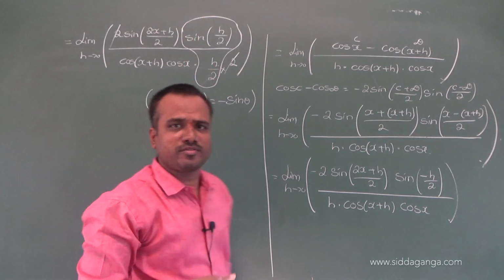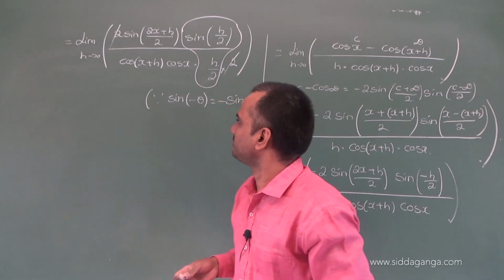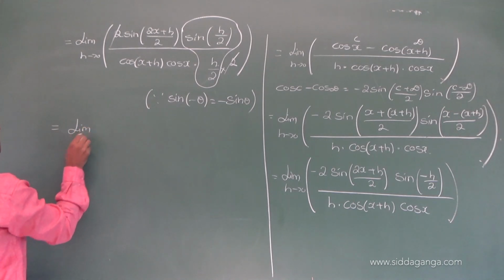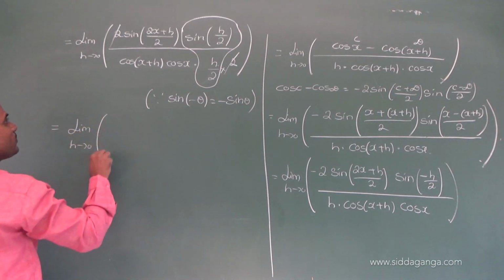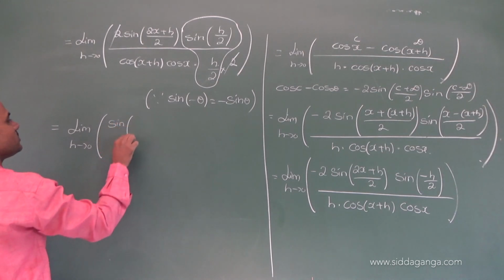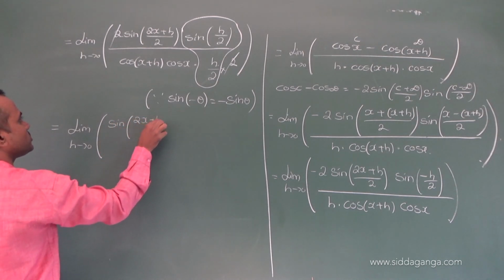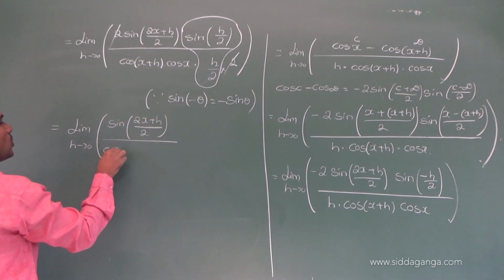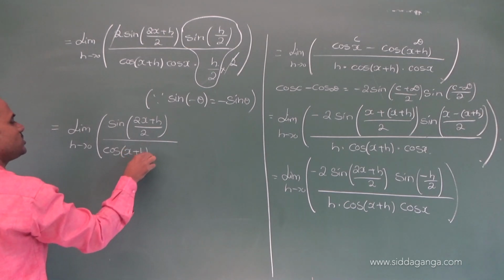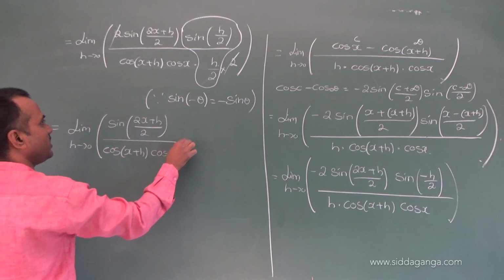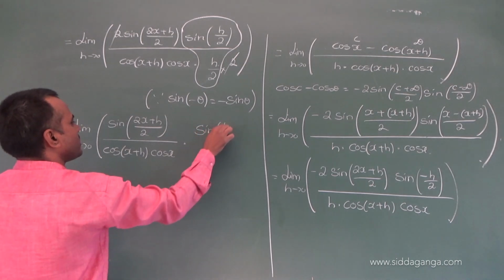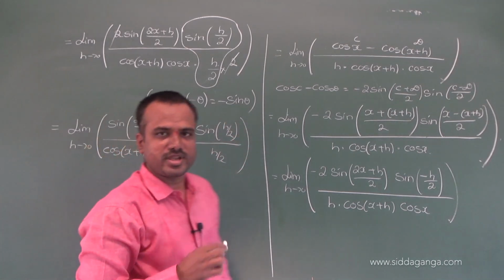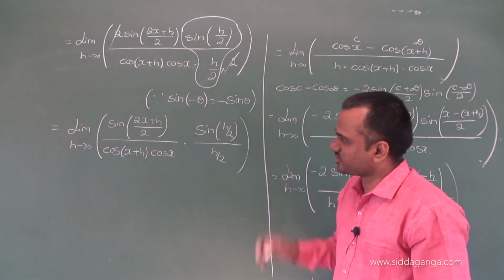What about this one? If you apply the limit, it is 1. Correct? So we rewrite once again: limit h tends to 0, sine of 2x plus h by 2, whole divided by cos of x plus h into cos x, into sine h by 2 divided by h by 2.